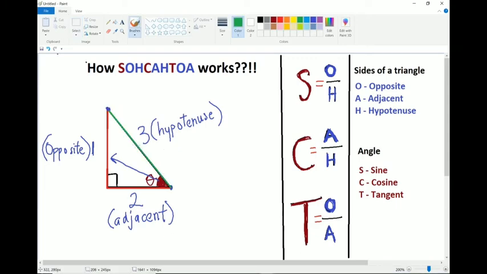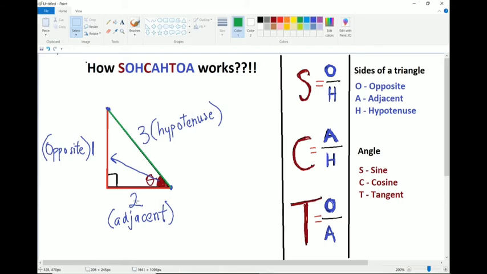So as you can see, the side that I have in green is my hypotenuse because it is definitely not on the L. It is the side that connects the ends of my L. Another way to see it is that it's across from the box. It's across the 90-degree box here. That's another way to know the hypotenuse. Okay, so the side labeled 3 is my hypotenuse.